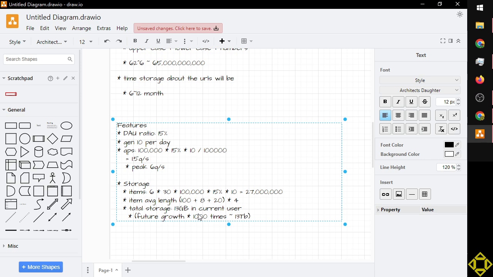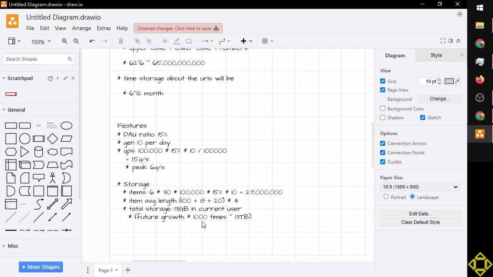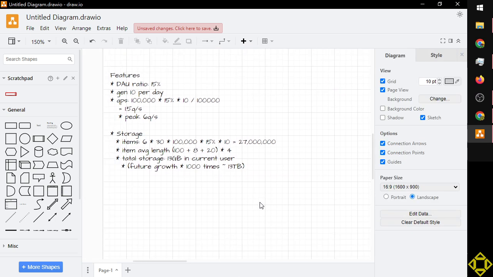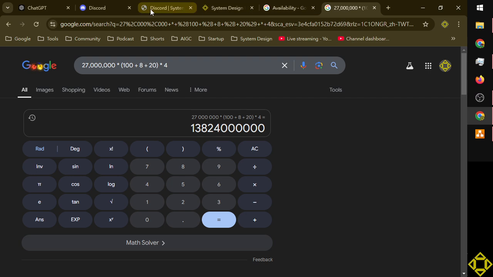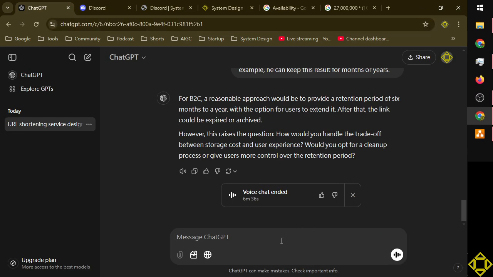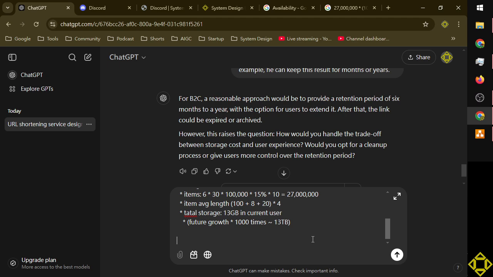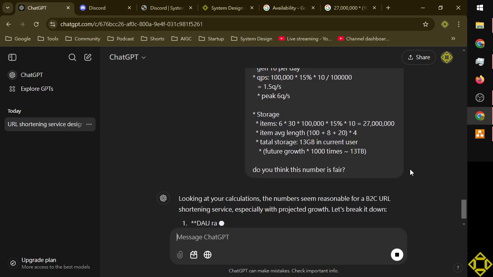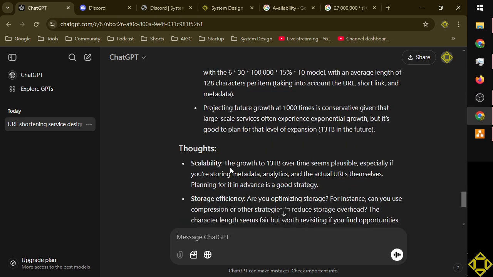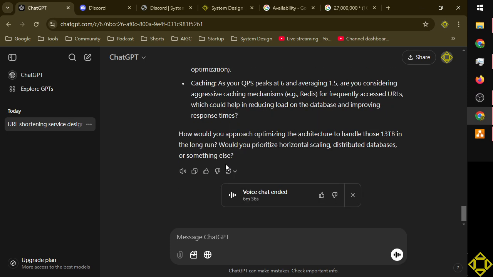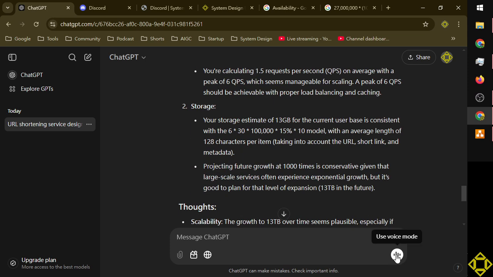This is still easy to handle. So also we can post the list to the AI to show that this is our discussion. Okay, and also do you think this number is fair? Okay, yes, he's talking about scalability and storage. Okay, we can start chatting to AI.